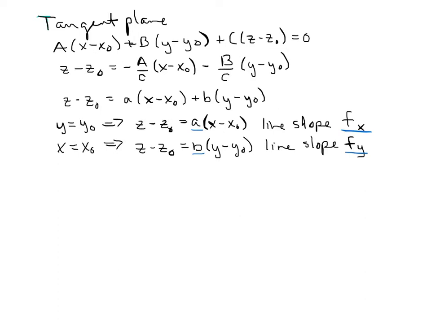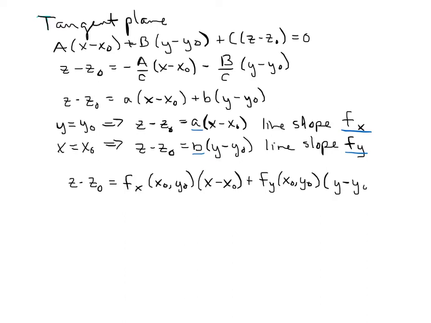Then what I get out of this is that z minus z naught is going to equal the partial of f with respect to x, evaluated at some point x naught, y naught, times x minus x naught, plus the partial of f with respect to y, evaluated at the point x naught, y naught, times y minus y naught.